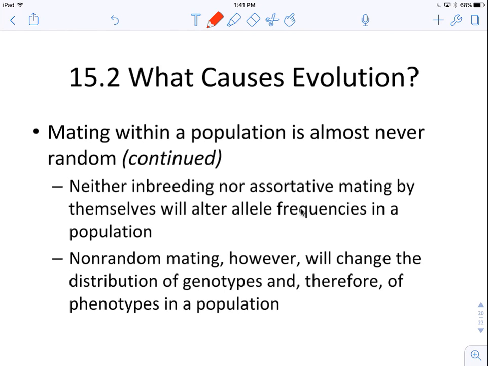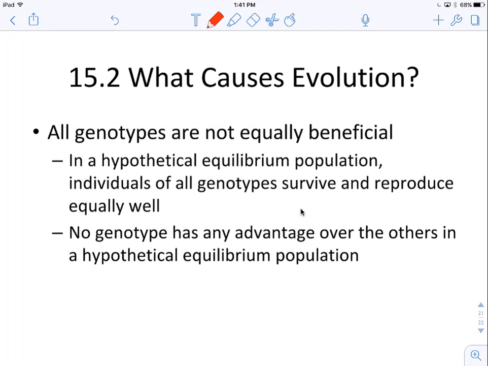Neither of these, of course, by themselves, neither inbreeding nor assortative mating, will alter allele frequencies, but it is going to change the distribution of genotypes and therefore phenotypes in the population. It actually keeps things more similar, and this doesn't generate enough genetic diversity. Because it's not generating genetic diversity, and again, all genotypes are not equally beneficial.